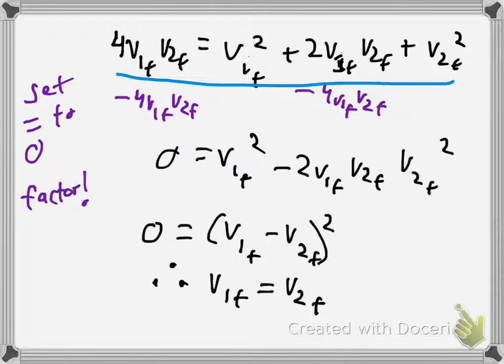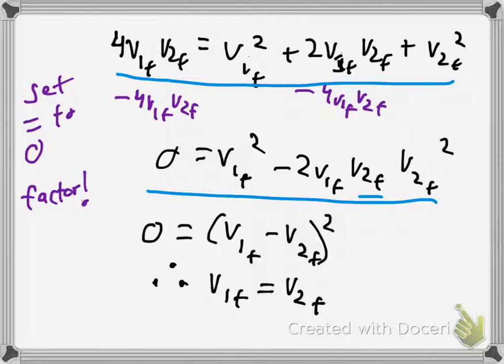Initially you might think to subtract the 2 V1F, 2 V2F and move it to the left hand side. However, this is factorable, so we're going to want to set this equal to 0 and then factor. If we subtract and move the 4 V1F V2F to the other side, we will get this equation, which is factorable.